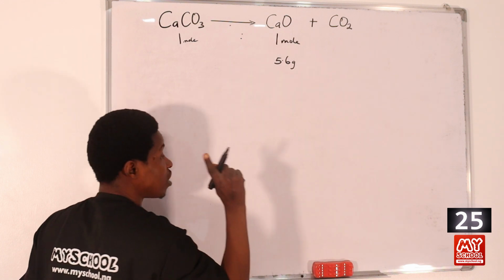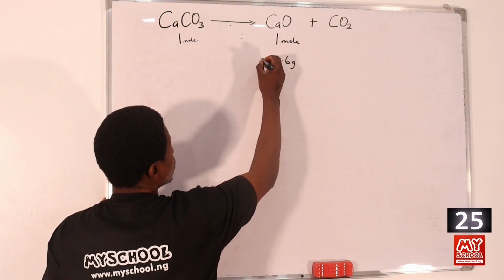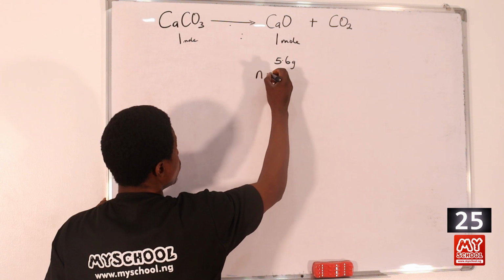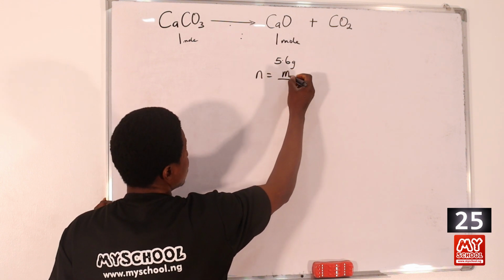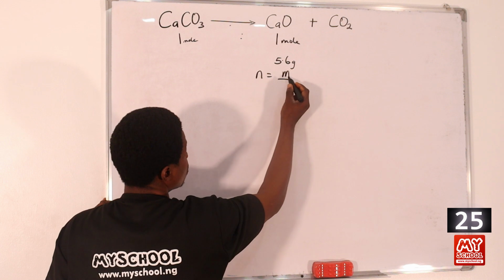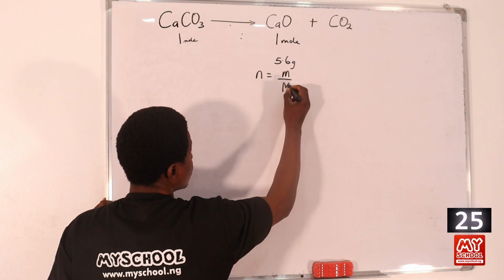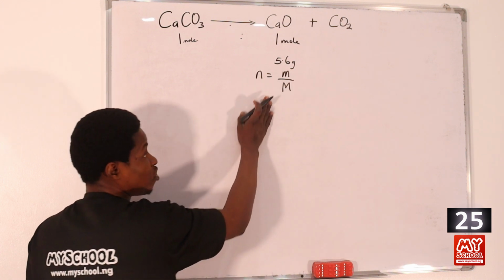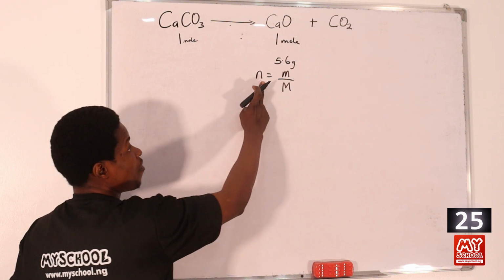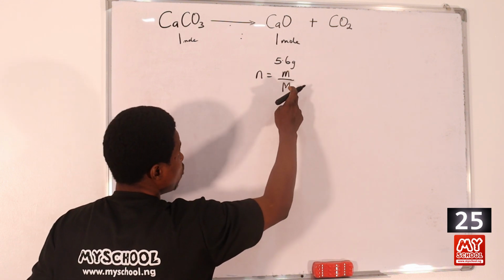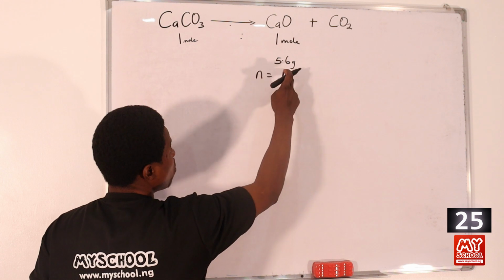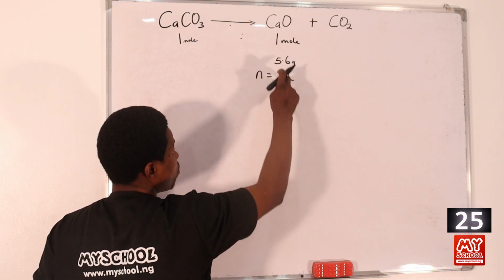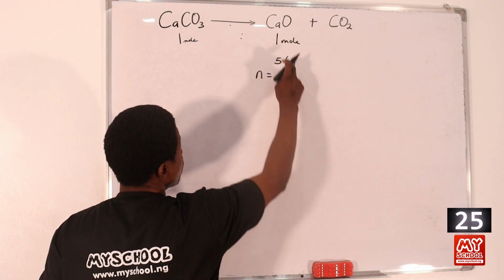But we want to get the number of moles. Number of moles is equal to mass over molar mass. By now, I think you should be familiar with this formula. We already know our mass is 5.6, but do you know the molar mass of calcium oxide?